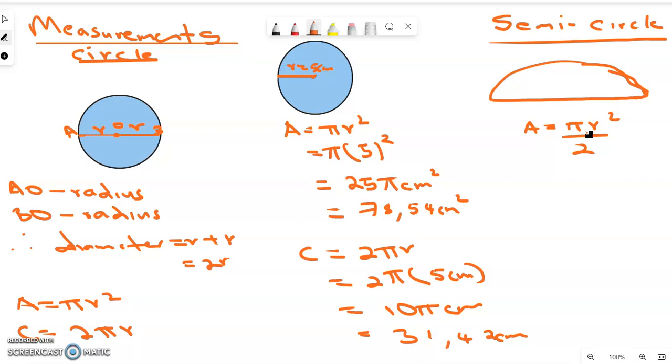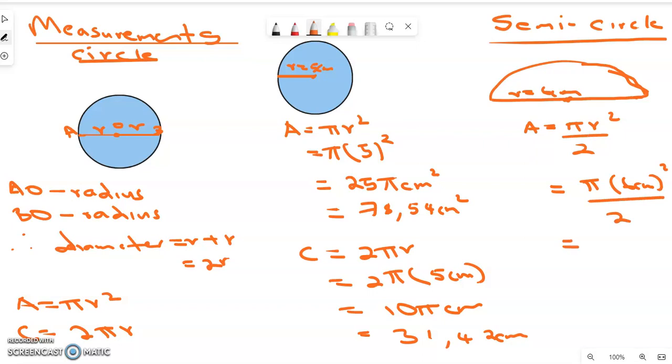So maybe if here we were given that we have a radius of 6 centimeters, to calculate the area here, it's pi into 6 centimeter squared all over 2, right?